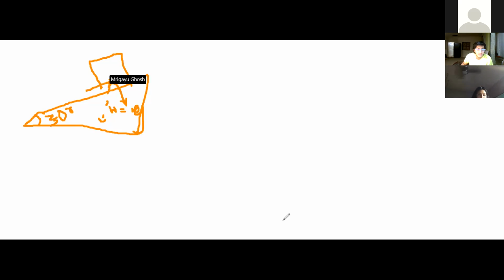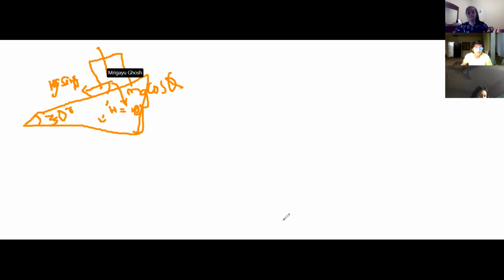So this would be mg, the arrow is this way, there we go. And this would be mg cos theta, and this would be mg sine theta. And we would also have the normal force up here. Cool. I can't draw straight lines, my drawings are very messy.